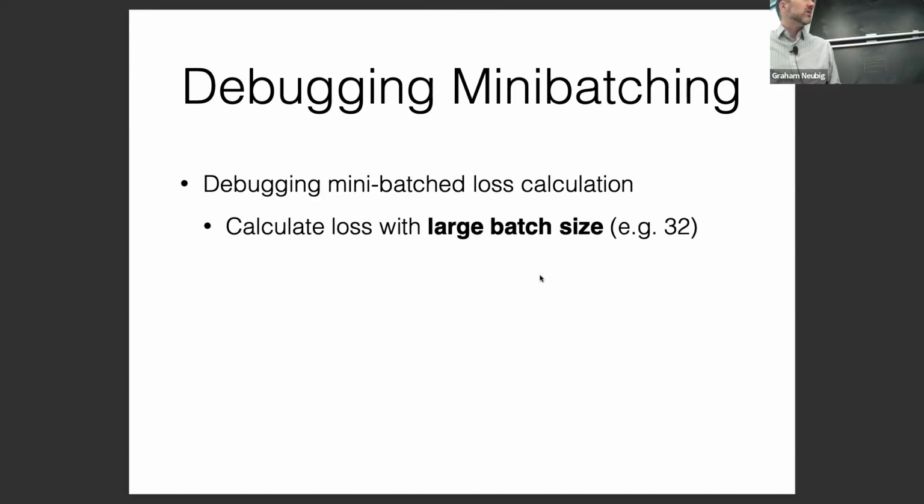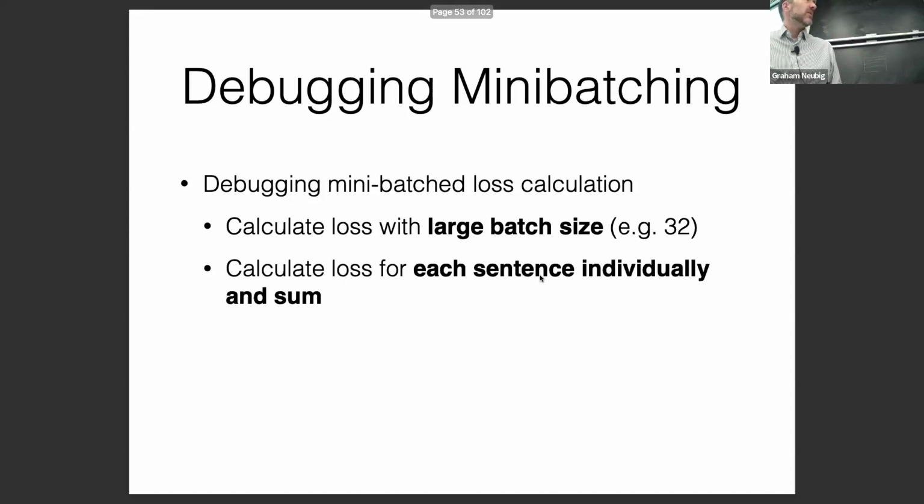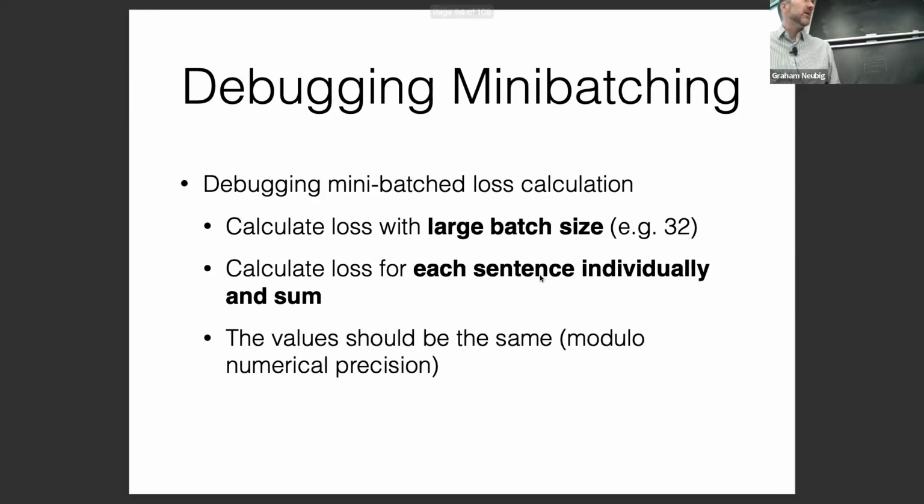So you can calculate the loss with a large batch size, like 32, and then calculate the loss for each sentence individually and sum them together. And these values should be the same. This can help make sure that you don't have any issues with your padding or your masking or other things like this. This is particularly important if you're not just using out of the box things, like if you have a slightly unusually structured model with hierarchical encoding or anything like that. You need to be really careful about that.